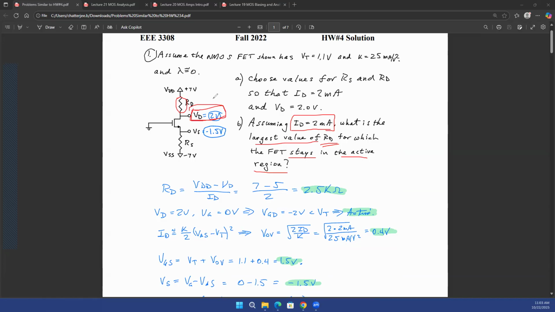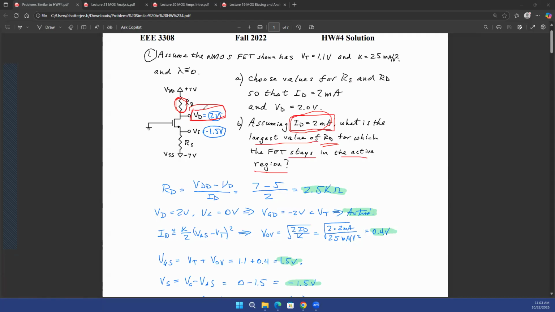Now, as the drain voltage of the transistor is changing, at some point VDS will not remain higher than V overdrive. Right now, with the values that you calculated, the VDS is higher than the V overdrive. But if you keep on increasing the value of this resistance, keeping the ID current constant, the voltage drop across the resistance will keep on increasing.